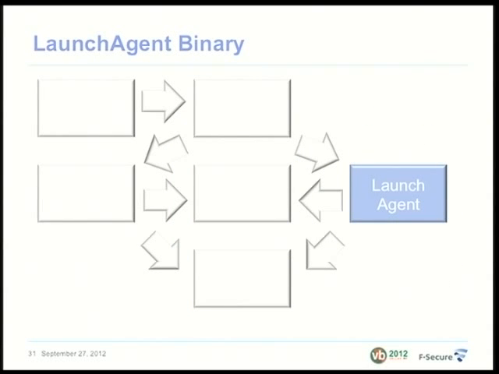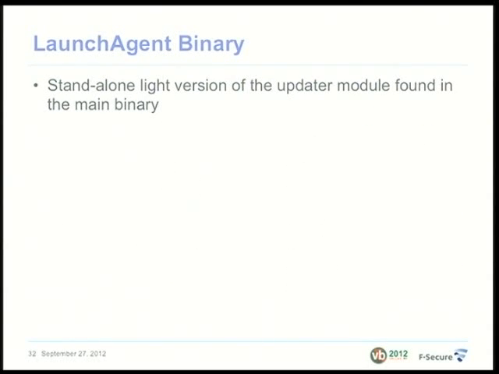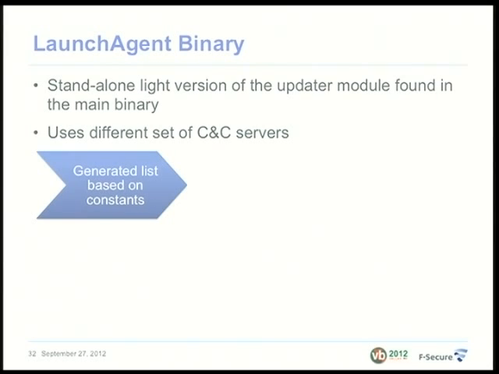Now, for the last binary, the launch agent, it is basically just a standalone light version of the updater module found in the main binary. One difference is that it uses a different set of CNC servers. This time, it starts with a list of servers generated based on a constant found in the binary. The constants are variant specific, so the resulting generated list of servers will be variant specific.